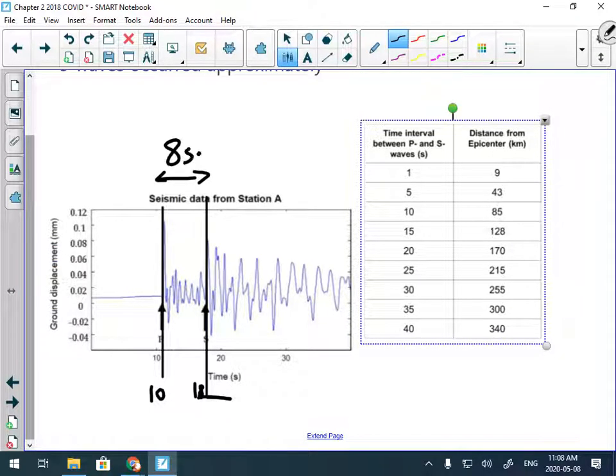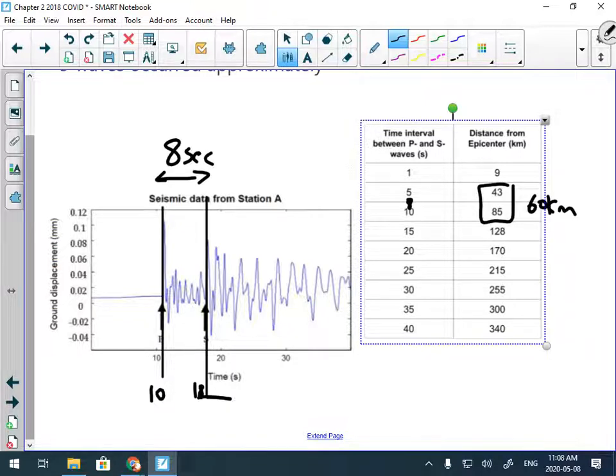It's 8 seconds. Now, over here is data that's been gathered over many, many years. What would your estimation be? 8 seconds is between 5 and 10. What do you think? 60 kilometers? Sure. It's an estimation.